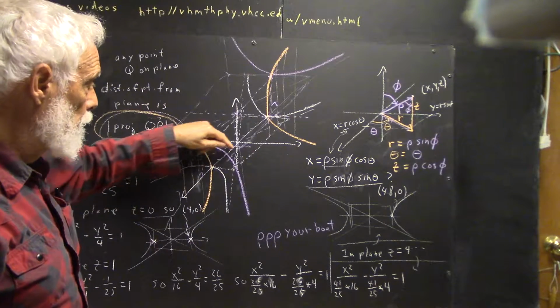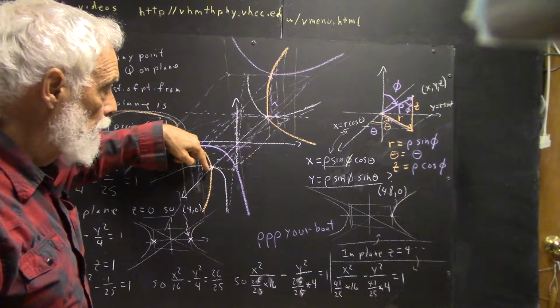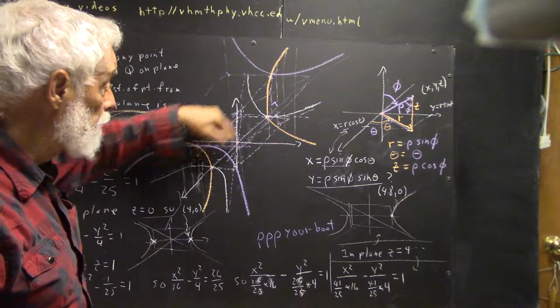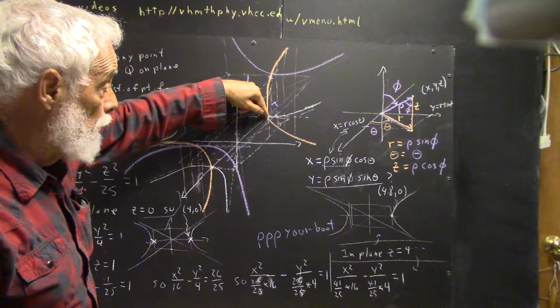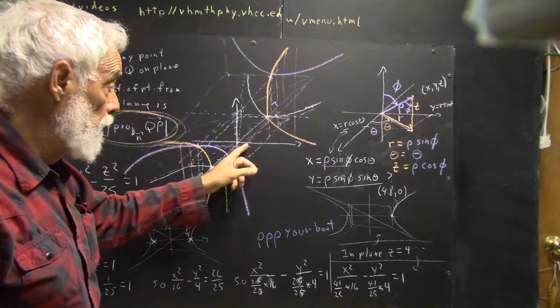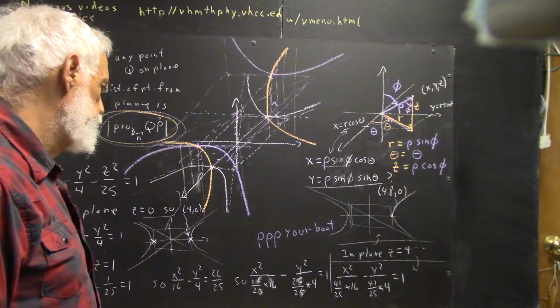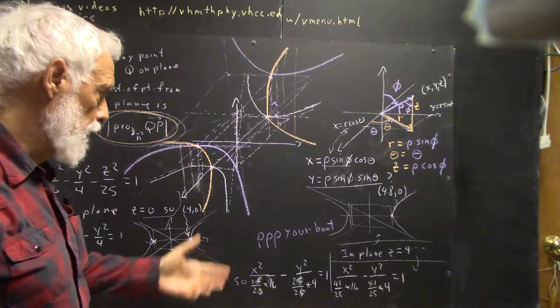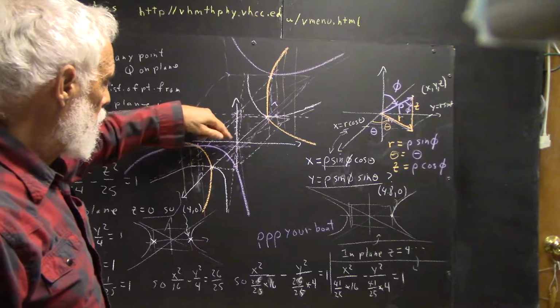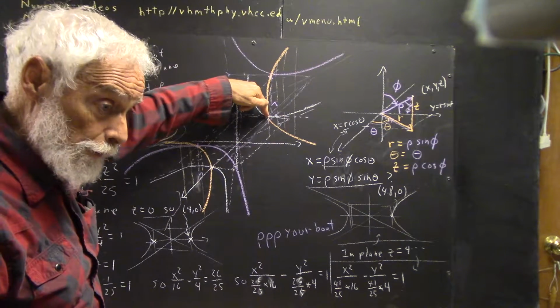The rectangle goes through the point 0, 4, and 0, negative 4. I'm sorry, let me back up. I said 0, 4. This point is 4, 0. This point is negative 4, 0.